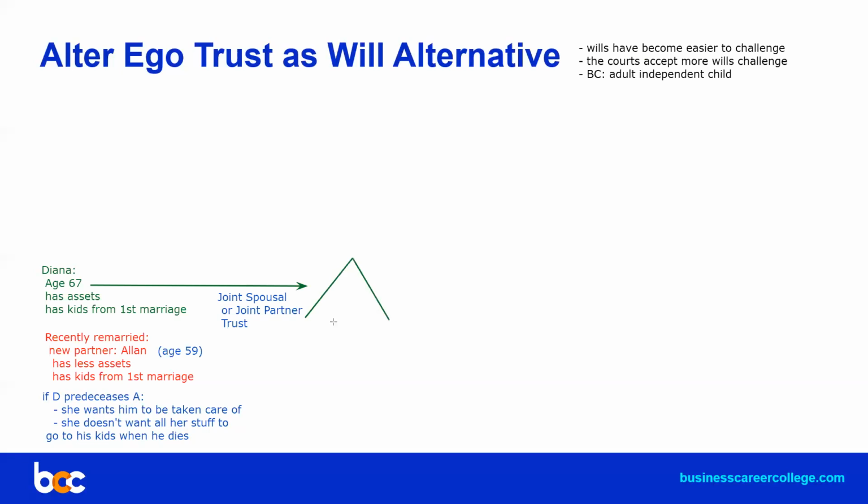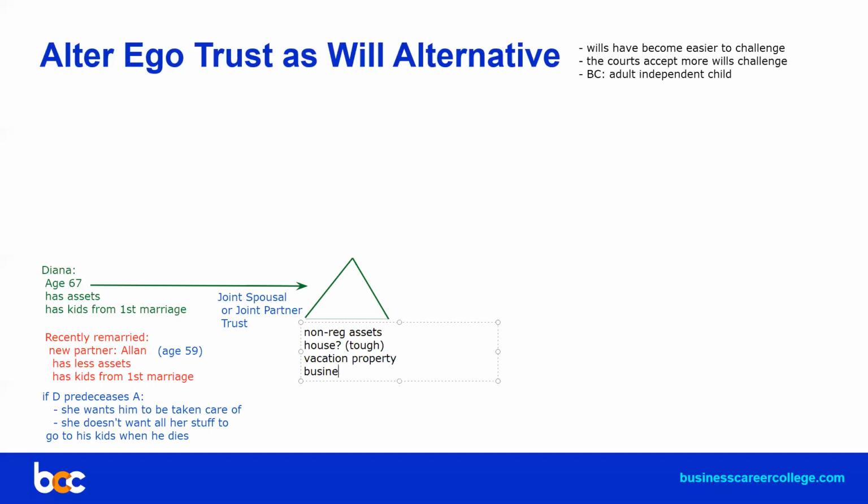Now, she can't do this with her RSP or RIF or whatever. So this is going to hold non-reg assets. Might hold her house, maybe. That's a tougher one. There is a way to do it, but we have to be careful with it. Vacation property.